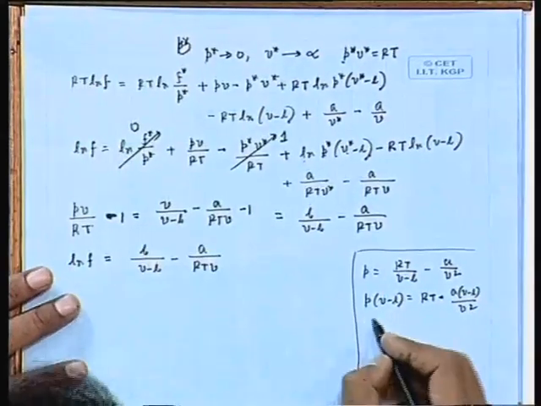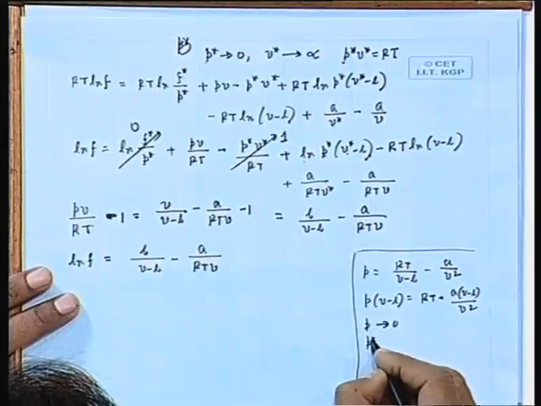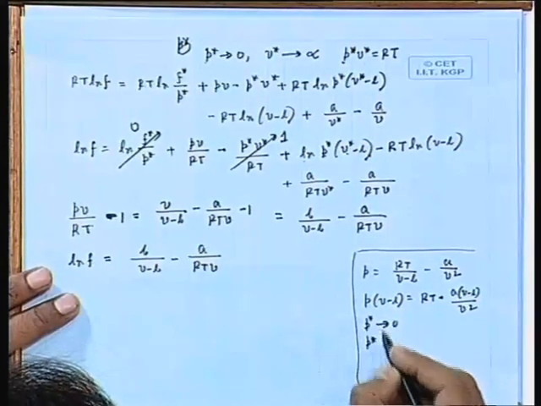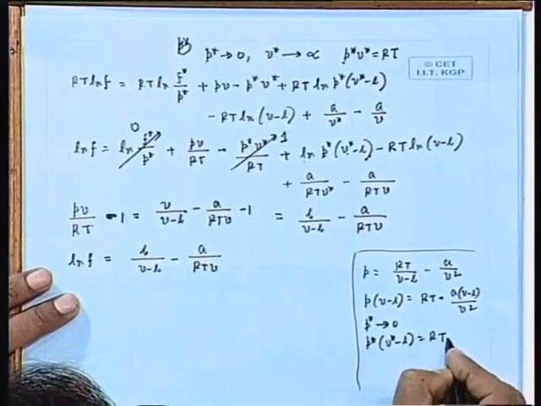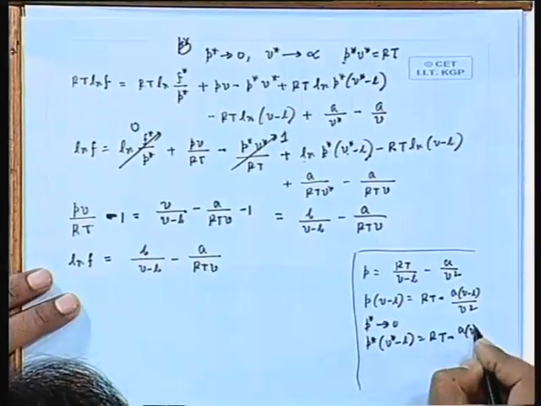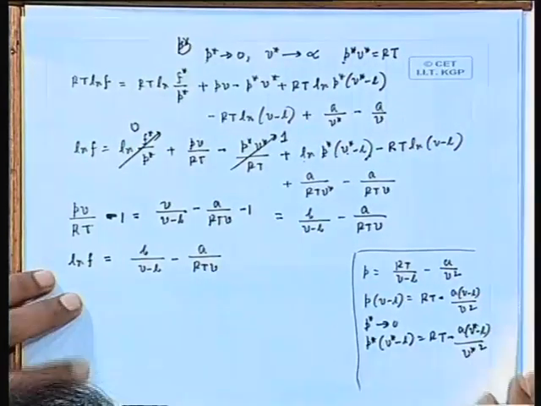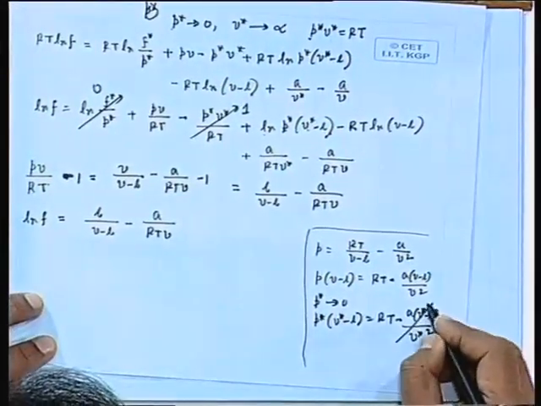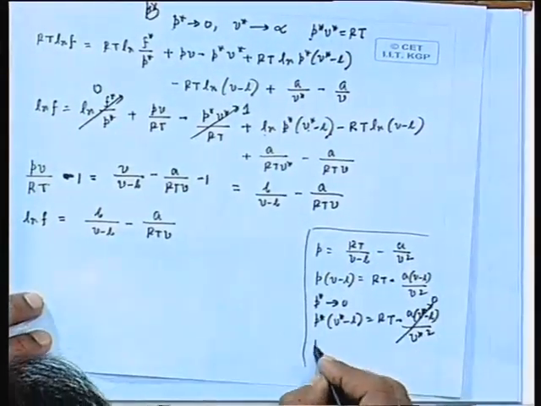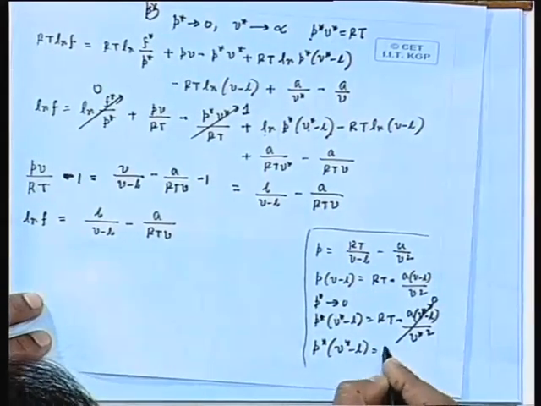Now when P tends to 0, that means if I substitute P star equal to 0, then V star minus B is RT minus A into V star minus B divided by V star square. So here you see the terms are getting 0 because the denominator V star is infinite. That means P star into V star minus B is RT.